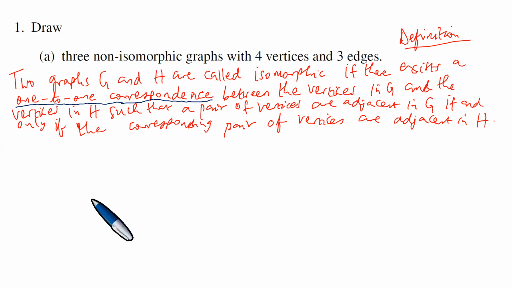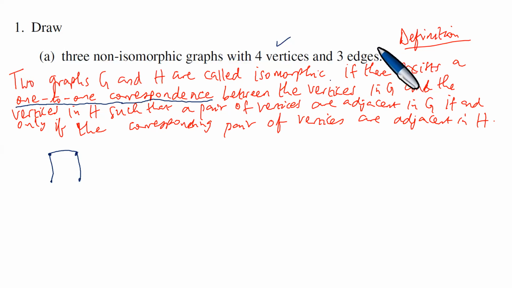Here's a graph on 4 vertices: vertex, vertex, vertex, vertex. But we need 3 edges. So we put an edge here, an edge there, and an edge there. This graph obviously has 4 vertices and 3 edges.